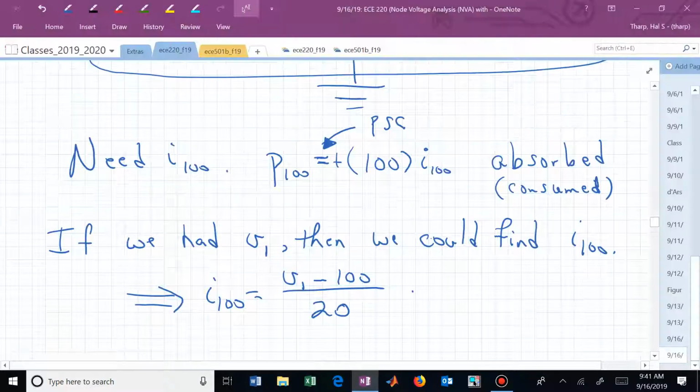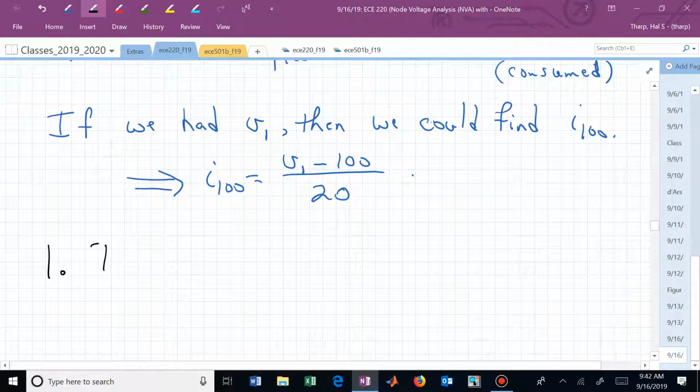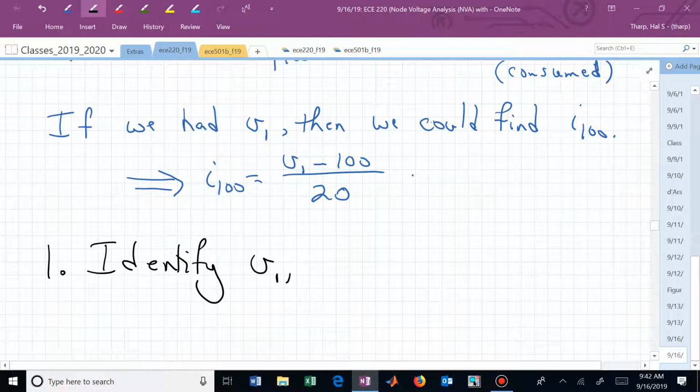And if we now start doing our node voltage analysis, step 1, we've already done. We've identified V1 and V2, our node voltages in this node voltage analysis process. Step 2.